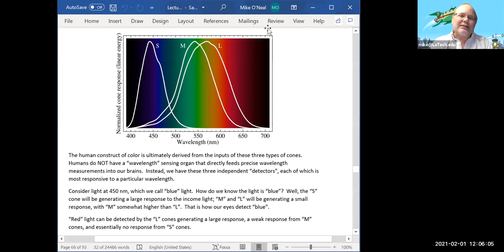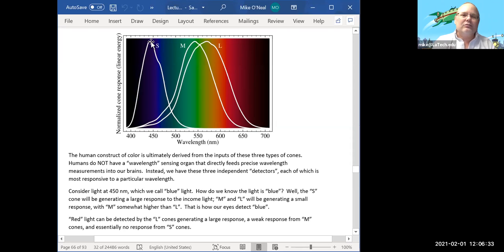If I expose you to green light, let's say light at 550 nanometers, your eyeball will detect that because your M cones and your L cones will be jiggling away, going, oh, I'm getting excited. I don't know why, but I'm getting excited.